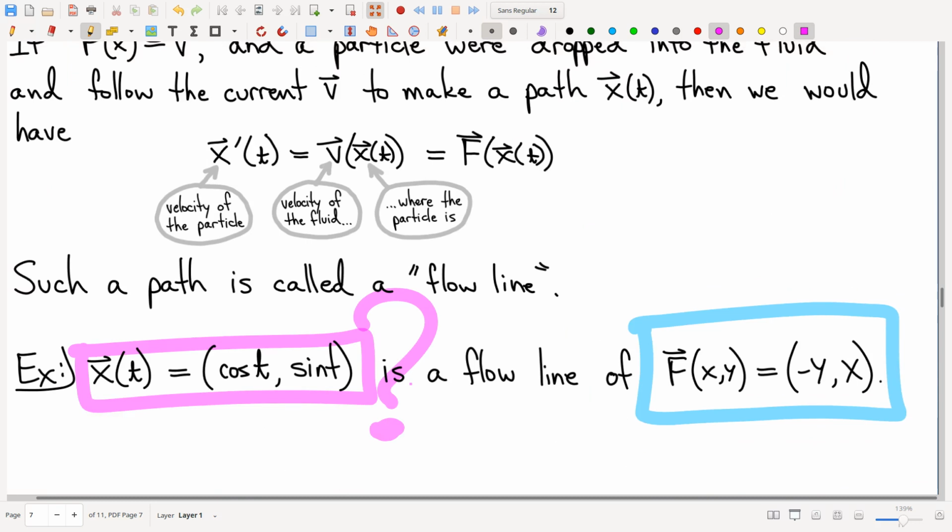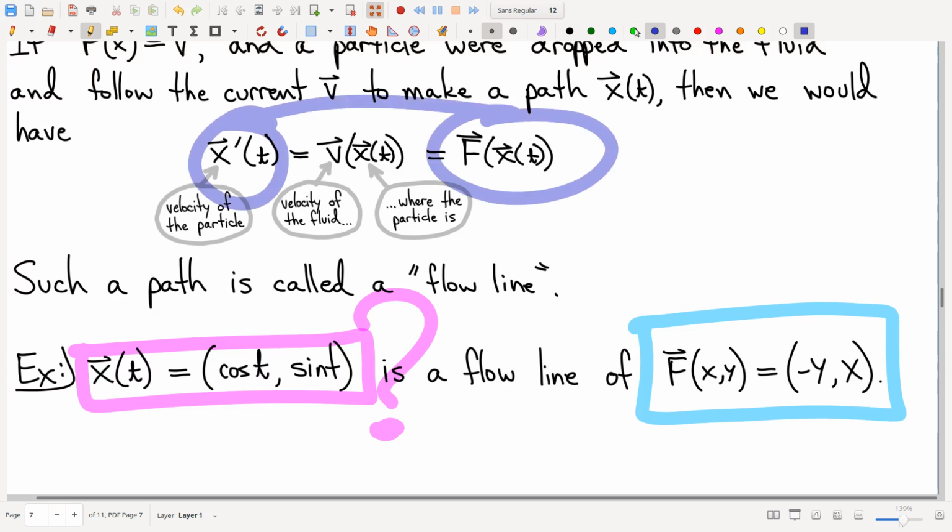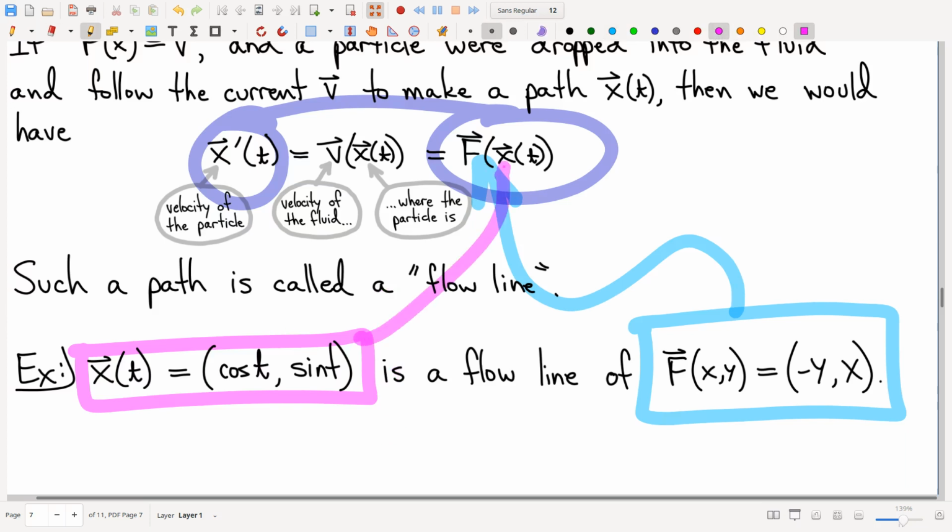Now, how would we confirm this? Correction, how are y'all going to confirm this? Y'all are going to confirm this by way of this equation that we just talked about, right? Where this is the vector field F that you plug in, and on speculation from our intuition, you're going to plug in this parametric curve for the x, and then you're going to do exactly what the equation says.